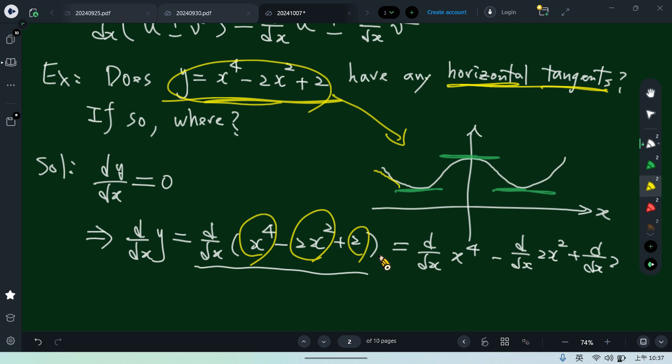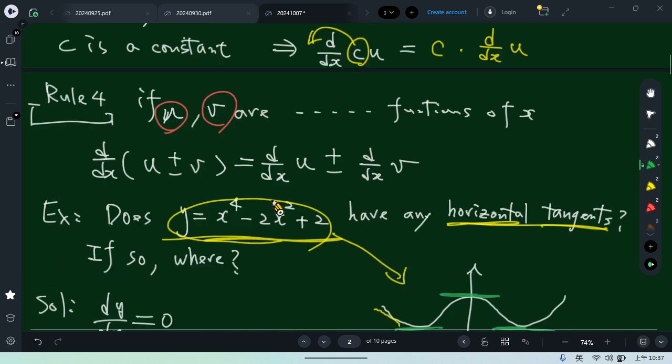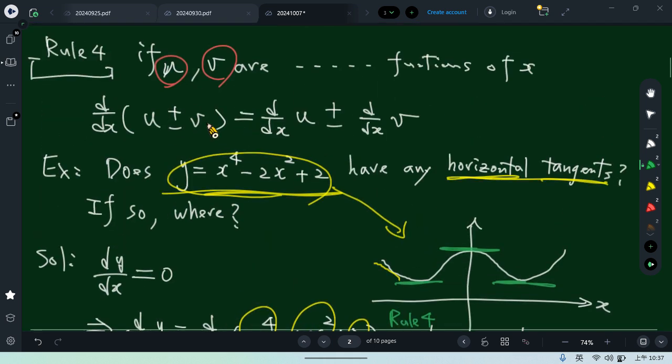This part simply follows rule number 4. If you want to differentiate terms added together, you differentiate each term individually, then add or subtract them together.